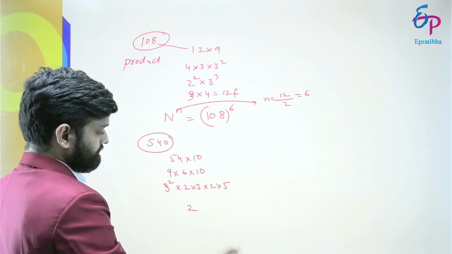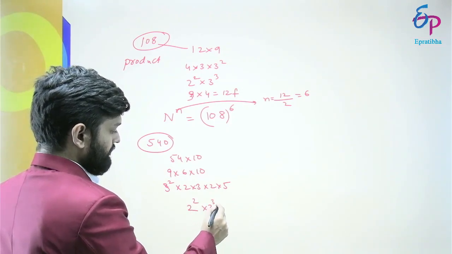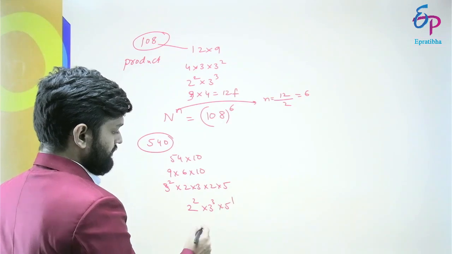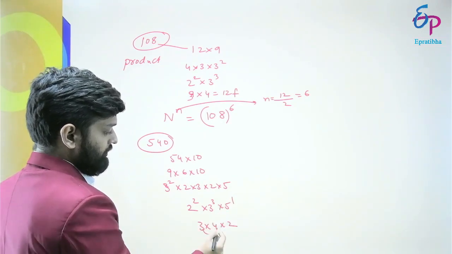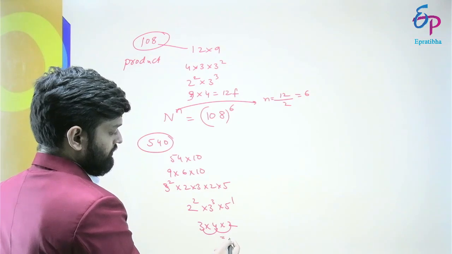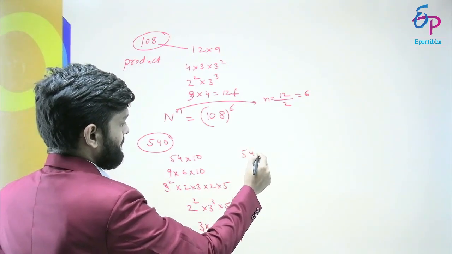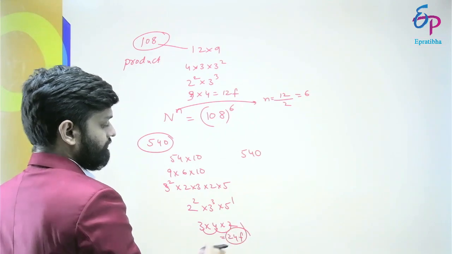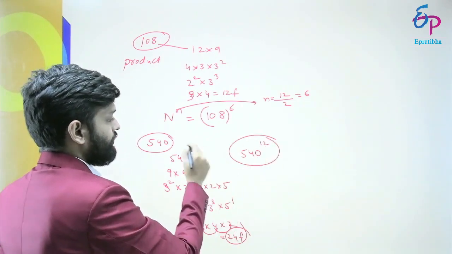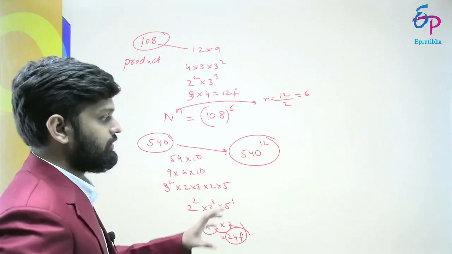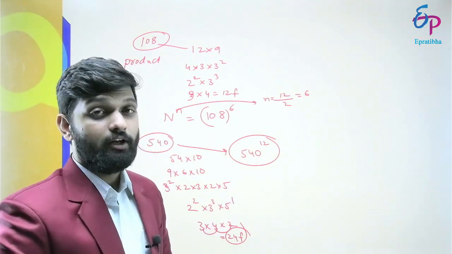So 2 square into 3 cube into 5 power 1, that is nothing but 3 into 4 into 2. 3 4s are 12, 12 2s are 24 factors are there. So what is the product of factors? 540 power 24 by 2, that is 12. So the product of all the factors of 540 is 540 power 12.